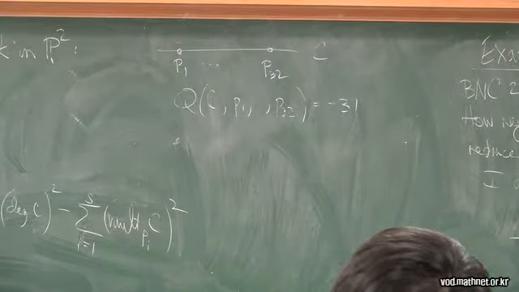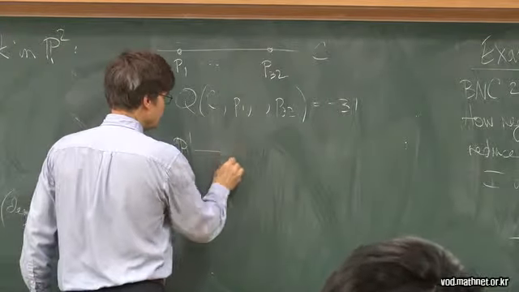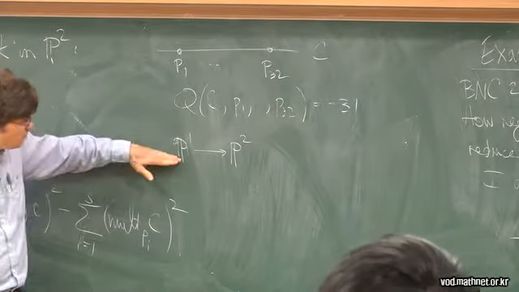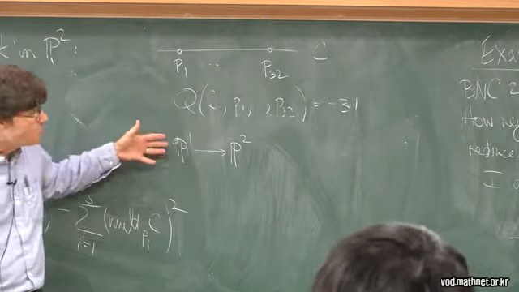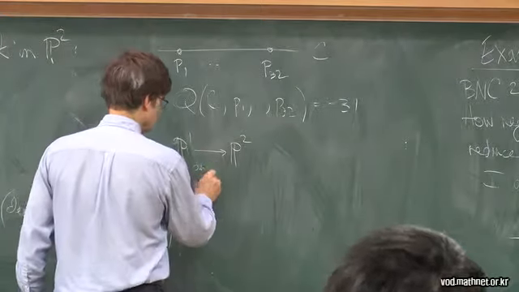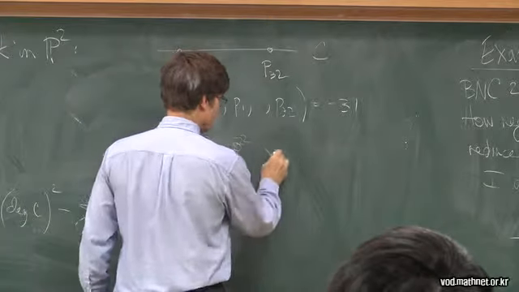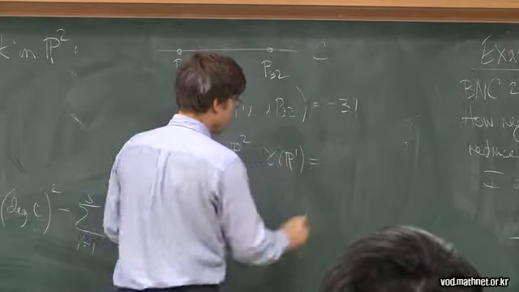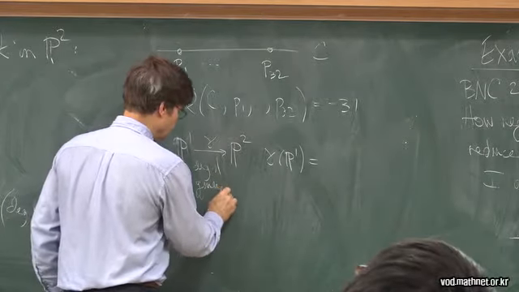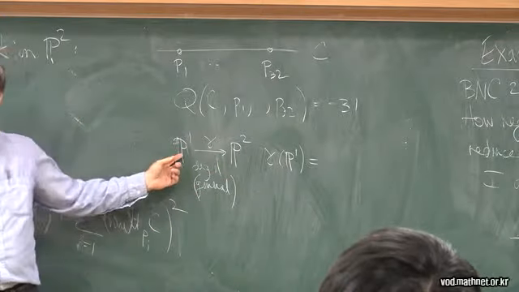Well, here's another example. Suppose you take a map of P1 into P2. So I want a general map of P1 into P2 of degree D. So the image of P1 under a general map of degree D is, well, it's going to be a rational curve.